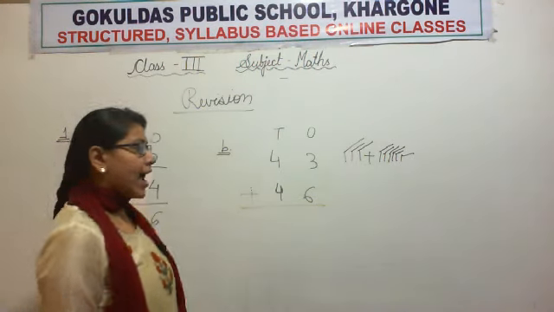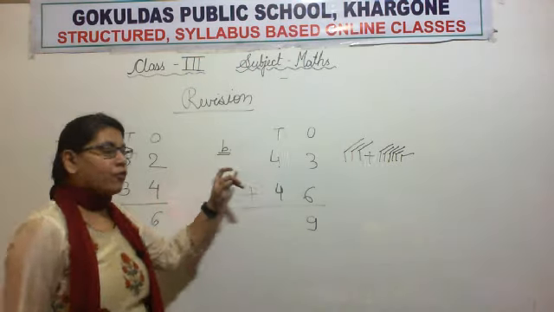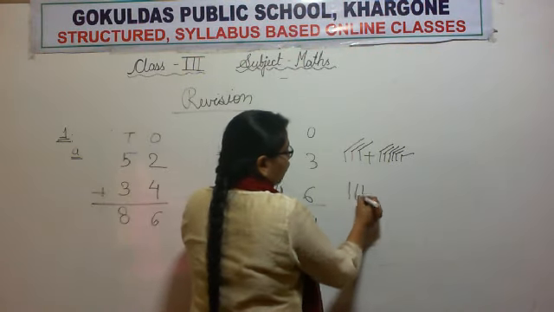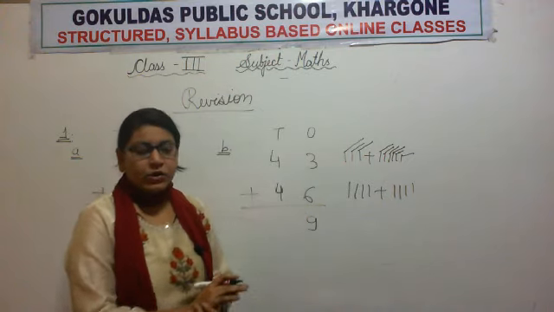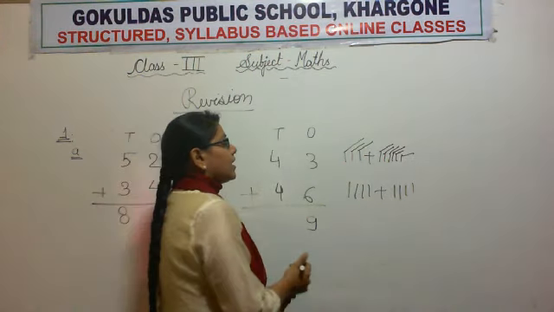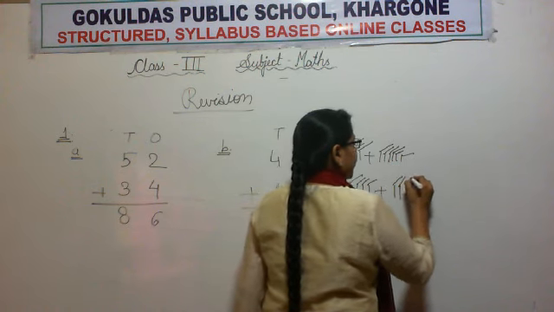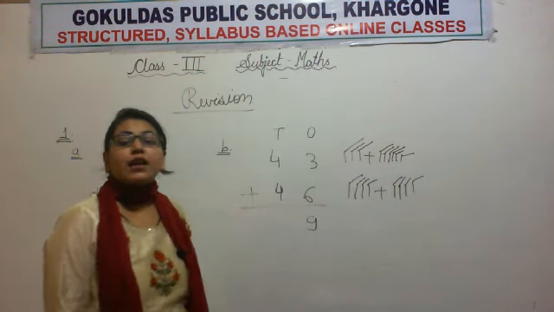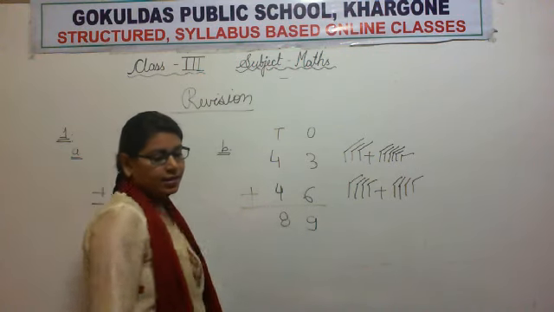So we will write the number 9. 4 and 4. We will draw 4 sticks and then 4 sticks. Let's count how many sticks. 1, 2, 3, 4, 5, 6, 7 and 8. 8 sticks. So we will write the number 8.